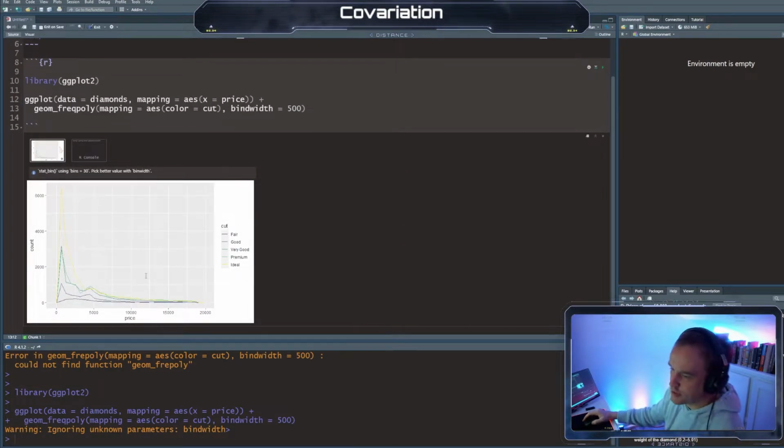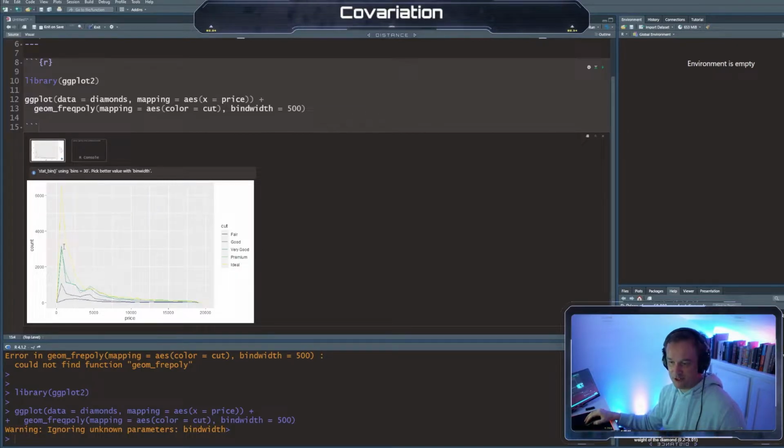So in this case, we have a frequency distribution of diamonds based on whether they are fair quality, good quality, very good quality, premium quality, or ideal quality, and we have a frequency of the price of these. You see that for ideal, we have a ton of them priced at this much.